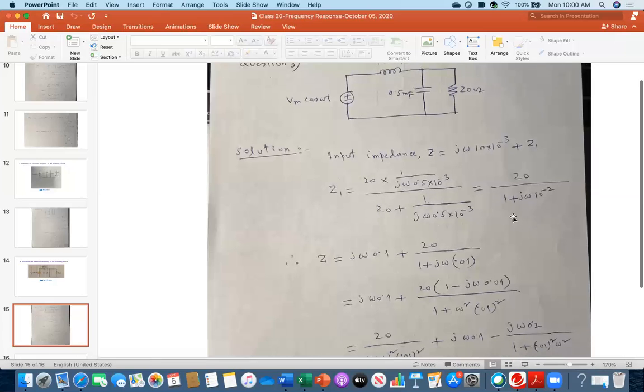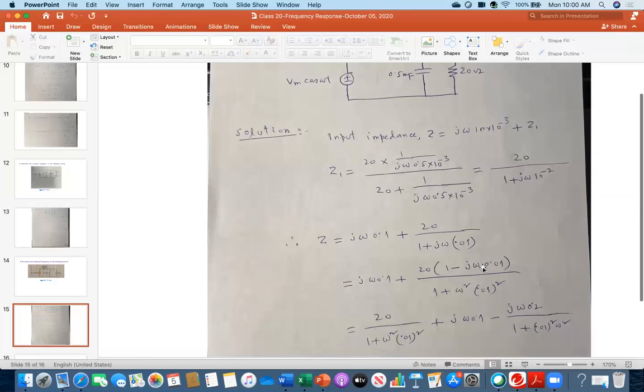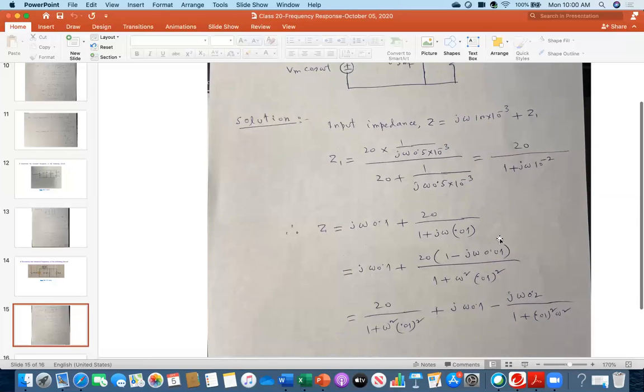And then I am summing up this one plus this result. And then again, similar to the previous problem, I want to get rid of the j from the denominator in this expression. That's why I multiplied by 1 minus j omega 0.01, both numerator and denominator.